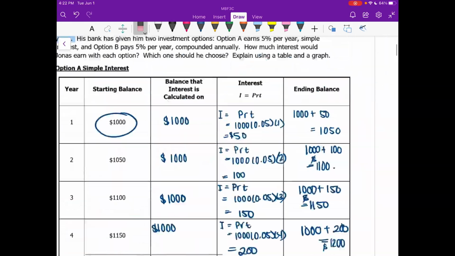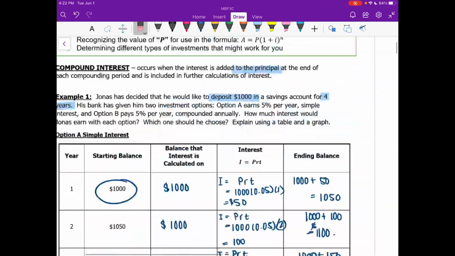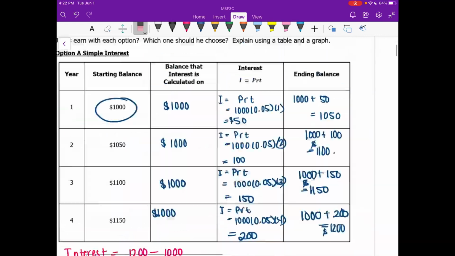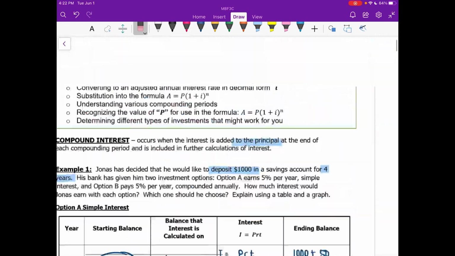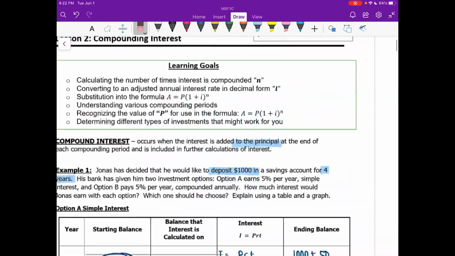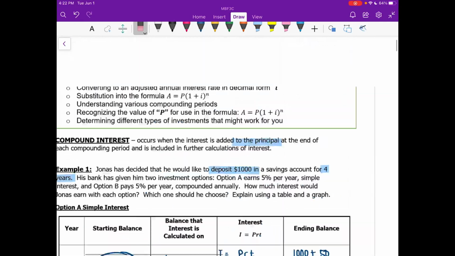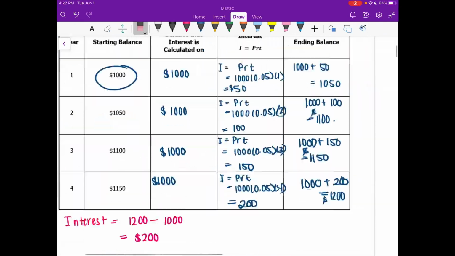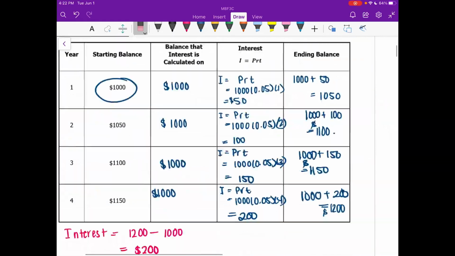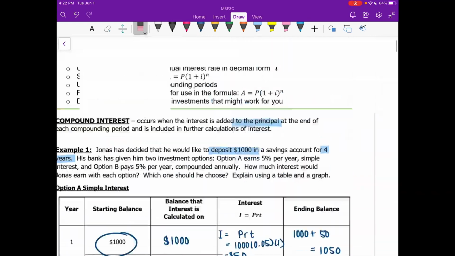Let's do what's inside the bracket first. 1 plus 0.01 is just going to be 1.01 to the power of 36. 1.01 to the power of 36 gives us 1.43, so 1500 multiplied by 1.43. Let's do the multiplication now. My A is equal to 2146.15.